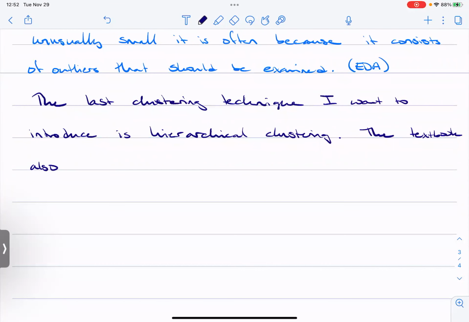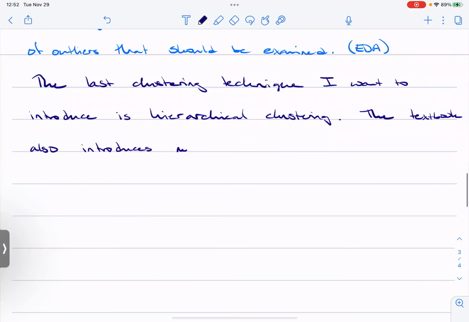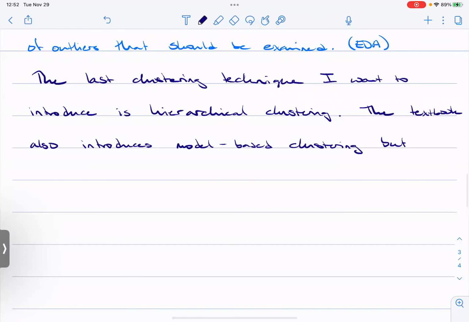We're not going to do that, because then you need to know about the covariance matrix and manipulate that. So the textbook also introduces model-based clustering, but in quotes, we will leave that for another course.